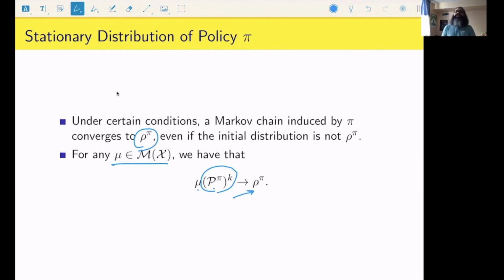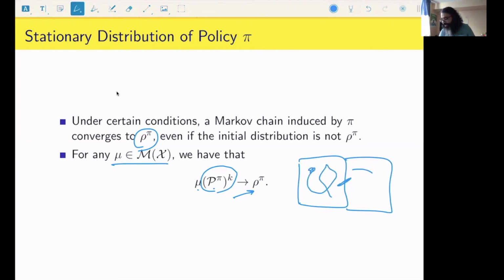So this means that if you start in some corner of the room and you follow the policy, eventually you converge to the stationary distribution of that policy. There are some conditions, of course. For example, if there are two rooms and there is a door here, but the door is closed, and you start from here, you never get to the right-hand side.